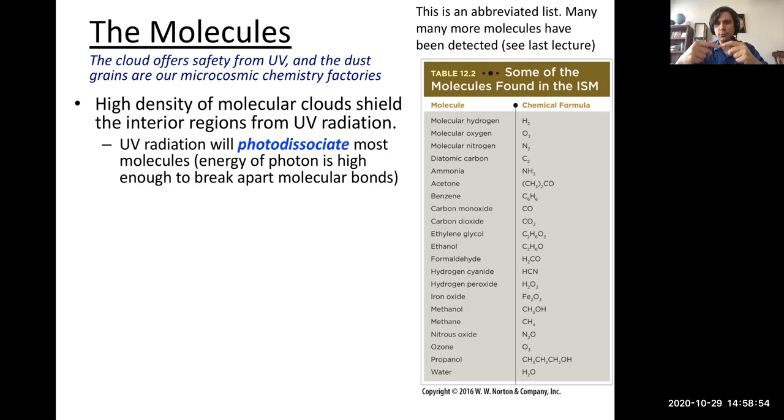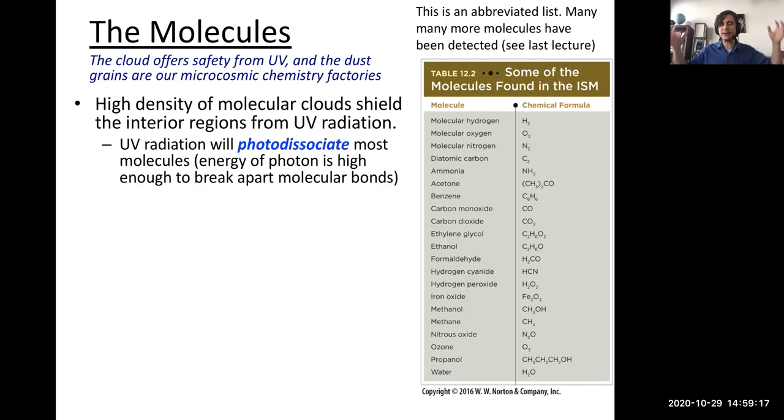So that molecular bond will break. And whenever we have an ultraviolet or really any light that breaks apart a molecule, we call that photodissociation. So we will dissociate, we will break a molecule by a photon, photodissociate it.